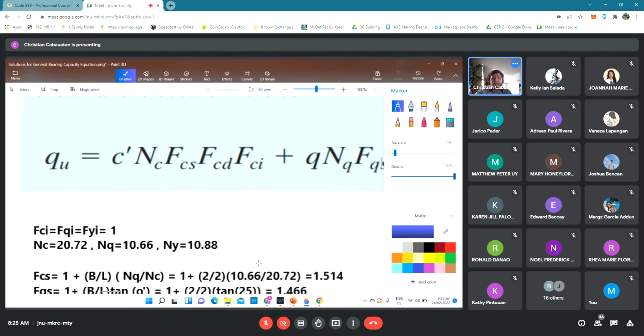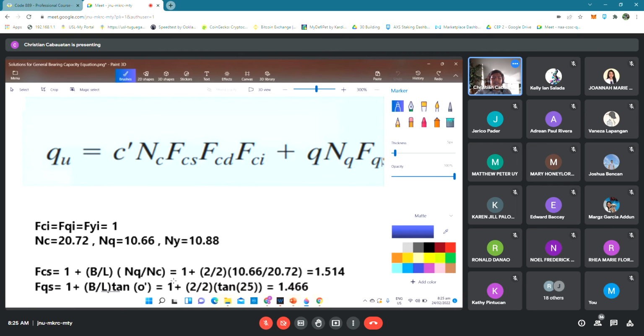For FQS, it would be 1 plus the width of the footing divided by the length of the footing times tangent phi prime, or the friction angle. Again, just input the given data and you would derive 1.466.